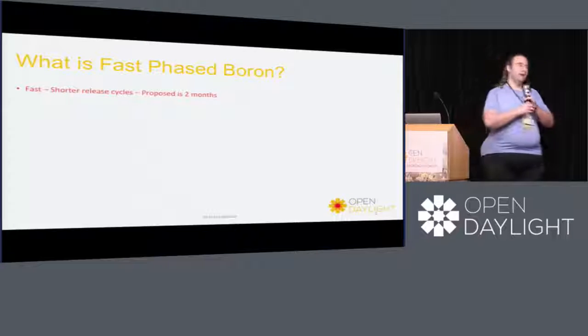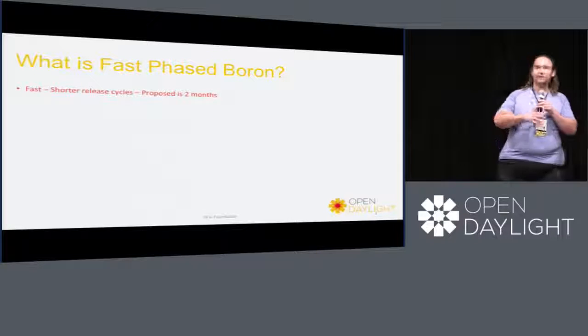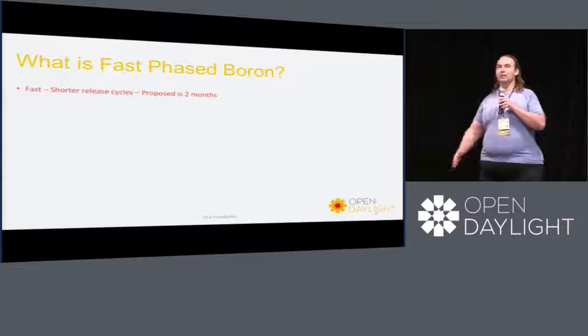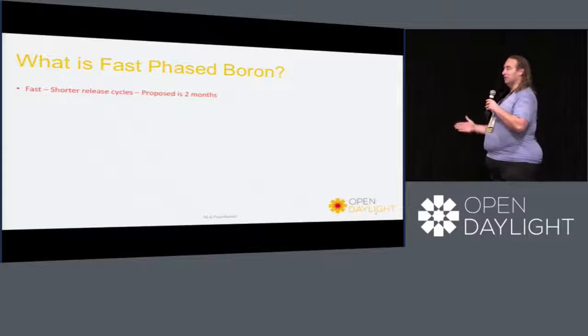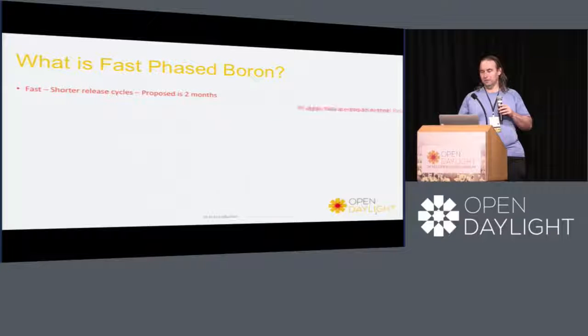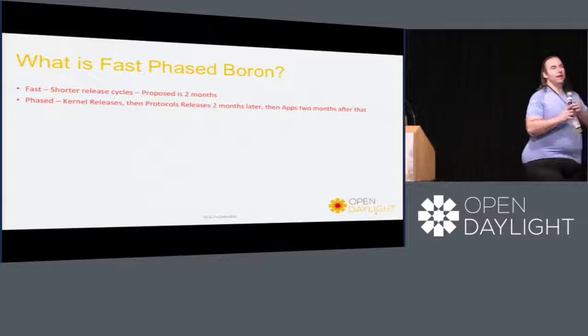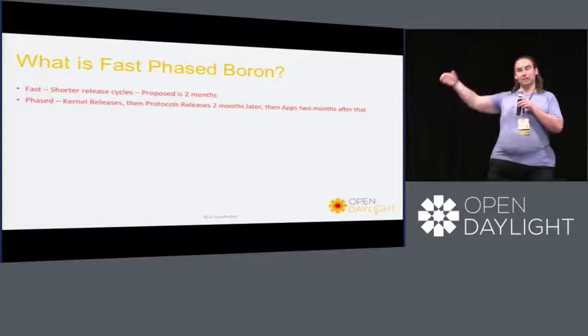It's fairly straightforward. So fast just means that we do shorter release cycles. So rather than having a 6-month release cycle, we have something that's shorter, say 2 months, for example. Phased. So what phased means is that you actually phase the release process.